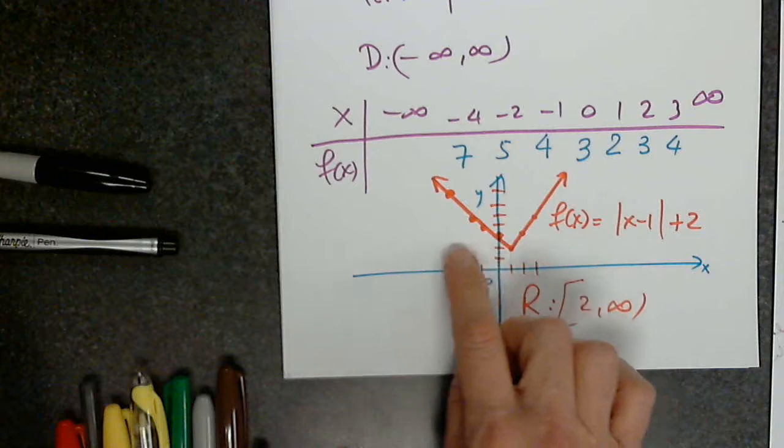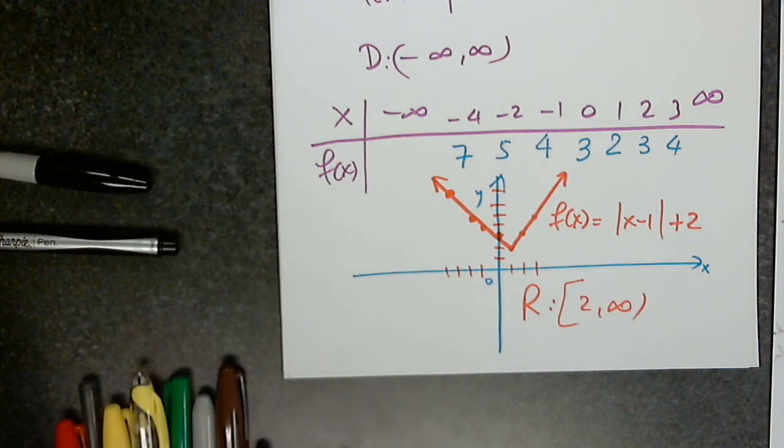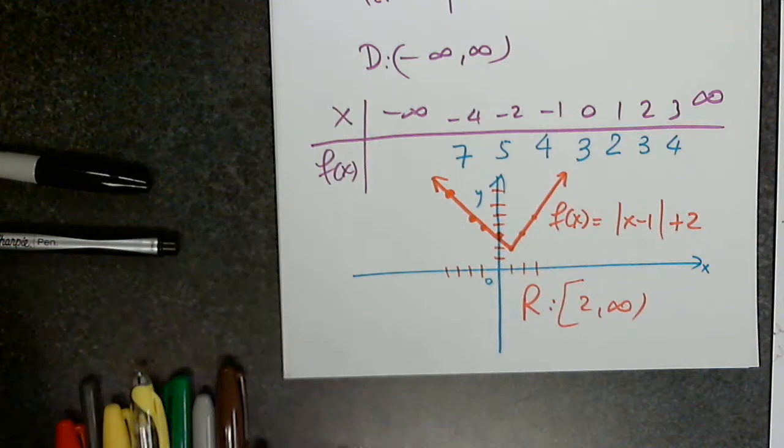From the lowest y value till the largest y value for the range. Any questions? Is there anything else you would like to review?